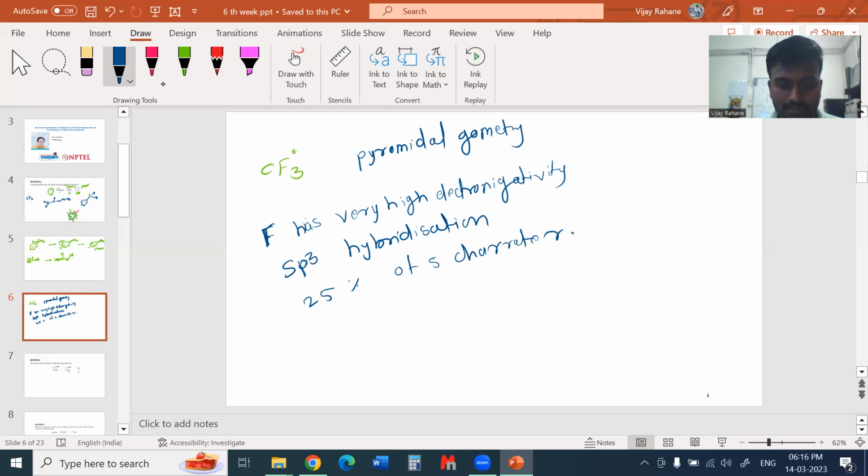And if we see the fluorine, although it has lone pairs of electrons, three lone pairs on each fluorine atom, they are not able to resonate to stabilize this radical, because of the electronegativity of the fluorine.